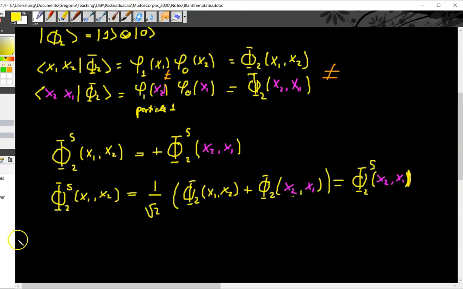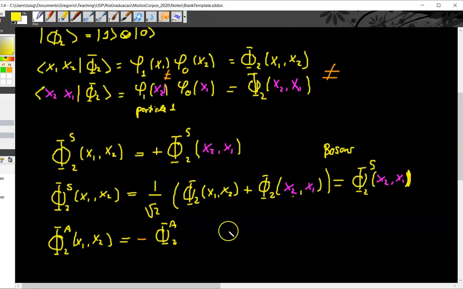What if I want to have an antisymmetric combination? I'll just put everything in yellow, which is minus. Put this minus here. And phi 2 antisymmetric. So this is for bosons, and this is going to be for fermions. So I can do the same trick, right?